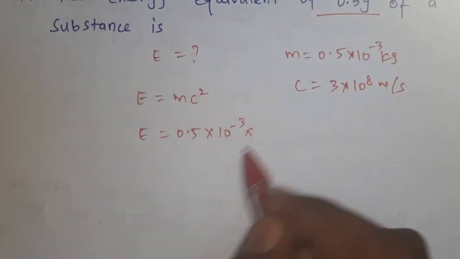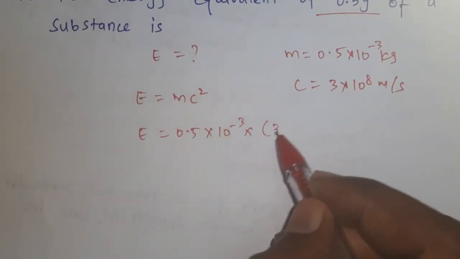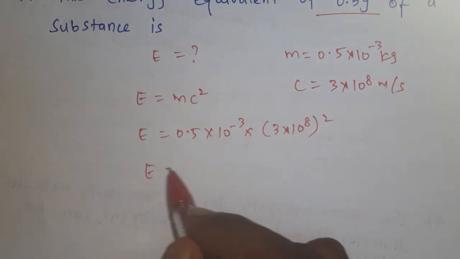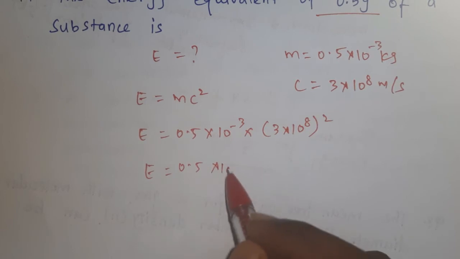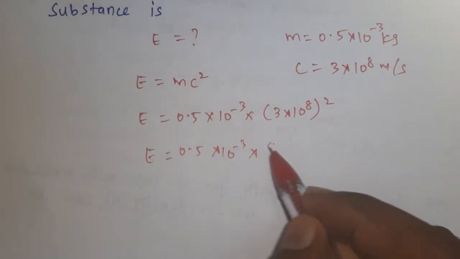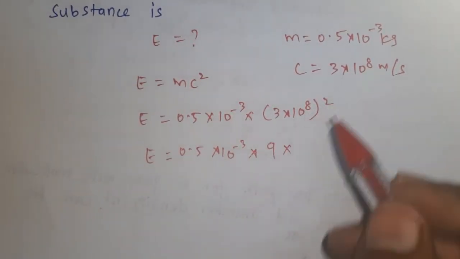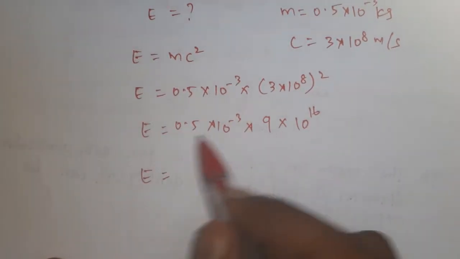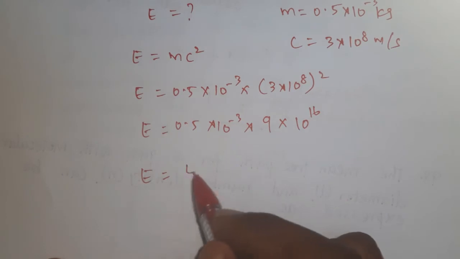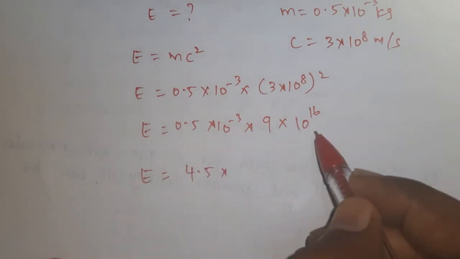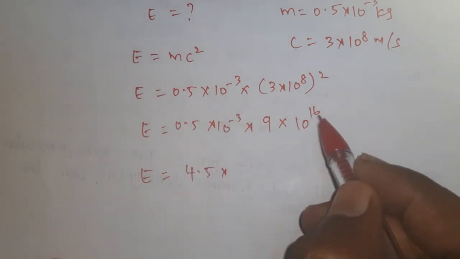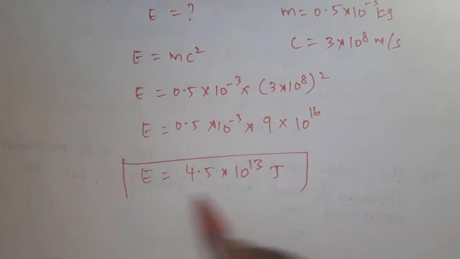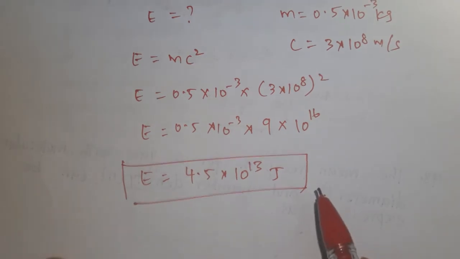So C is 3 into 10 power 8 whole square. Now E is equal to 0.5 into 10 power minus 3 into 3 square is 9 into 10 power 8 whole square is 10 power 16. Then E is equal to 9 into 0.5 is 4.5 into 10 power 16 and 10 power minus 3. If we simplify, 16 minus 3 is 10 power 13. The unit of energy is joule. This is the answer for the 99th question.